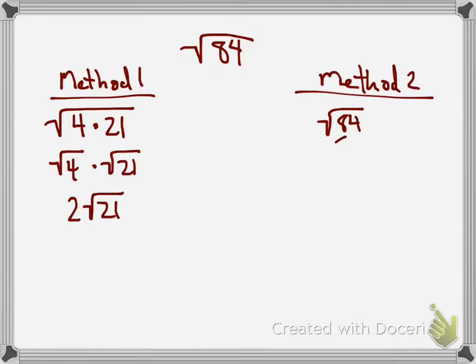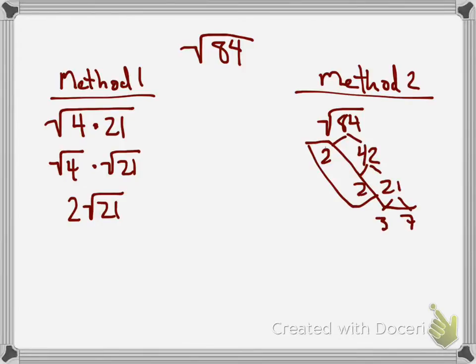2 square root of 21. With the factor tree, you can say 2 and 42, 2 and 21, 3 and 7. Notice, when you're doing it by the factor tree, you're looking for numbers that divide. If it's an even number, you can divide by 2. If it's an odd number, maybe you look to see if it can divide by 3, by 7, by 11. If it ends in a 5, you know it's divisible by 5.